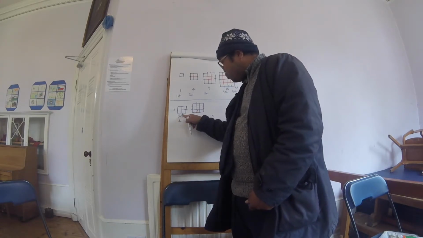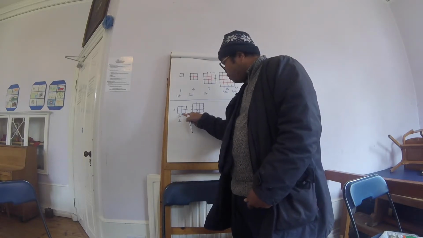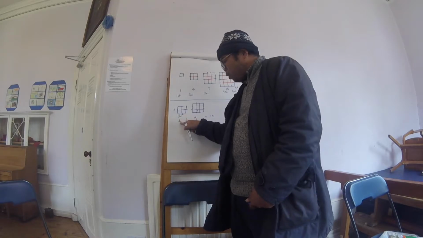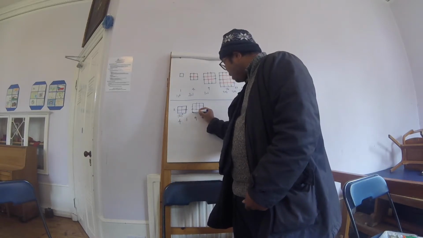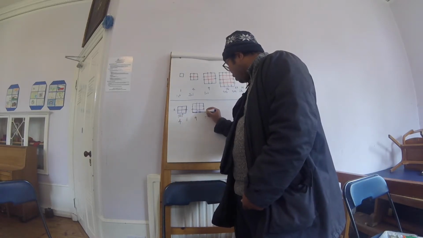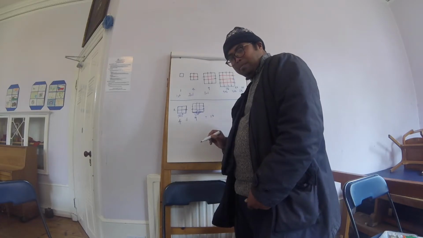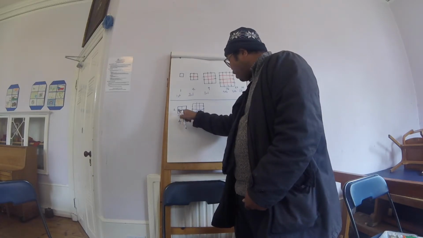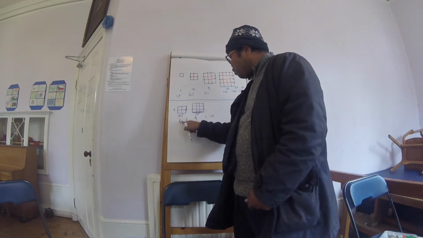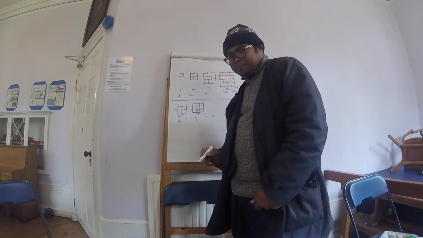That means the square of that number. So the square of that number is 4. The square of this line, which is 1, 2, 3, we square it, it becomes 9. And when we add the squares of these numbers, 4 and 9, the answer is 13.